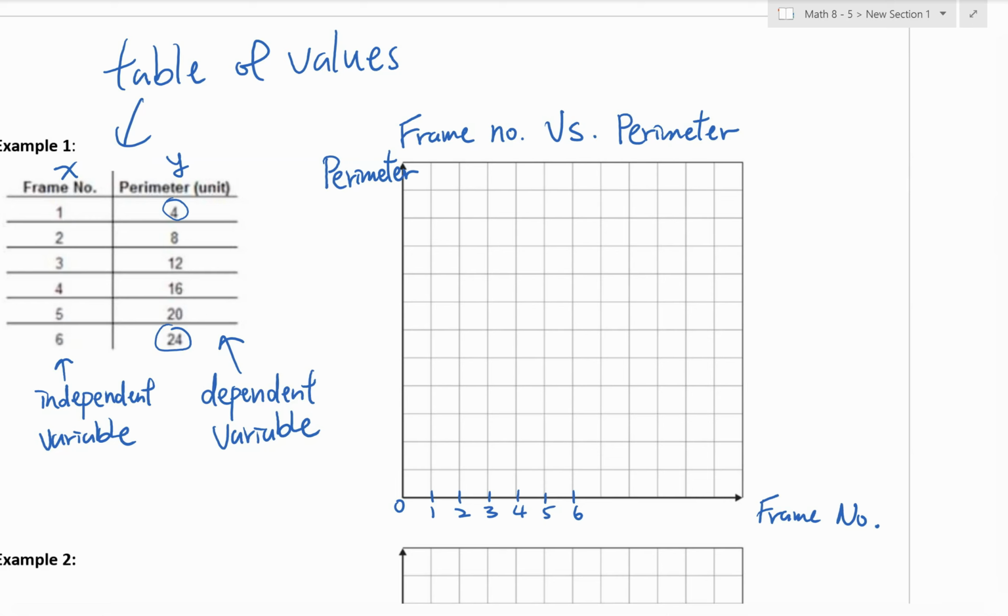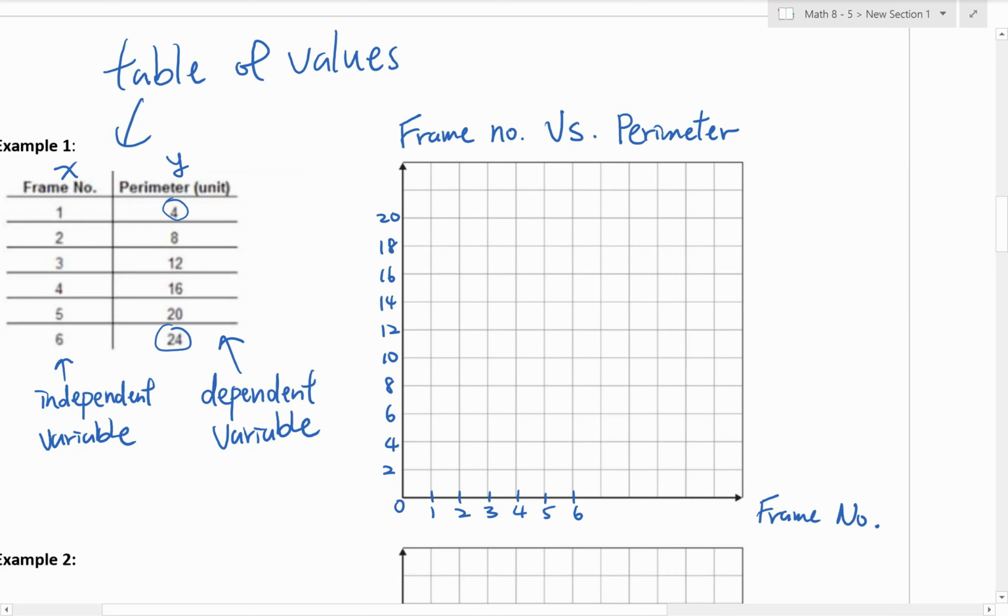So what I'm gonna do in this case, let me just count first. 1, 2, 3, 4, 5, 6, 7, 8, 9, 10, 11, 12. I'm just gonna say that each box is worth 2. So this would be 2, 4, 6, 8, 10, 12, 14, 16, 18, 20.